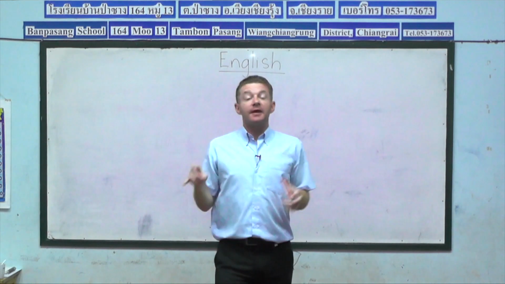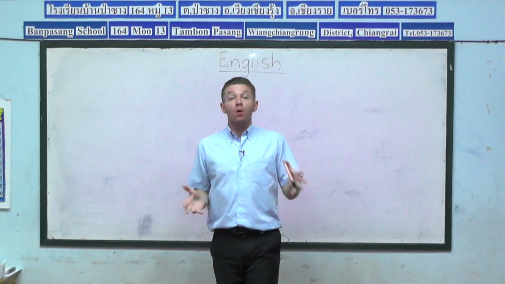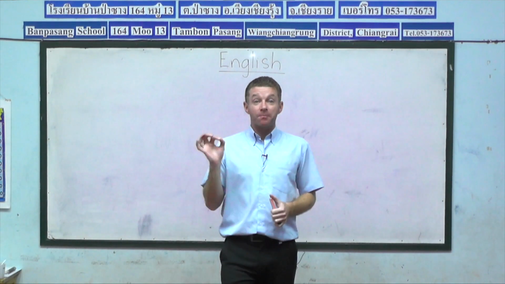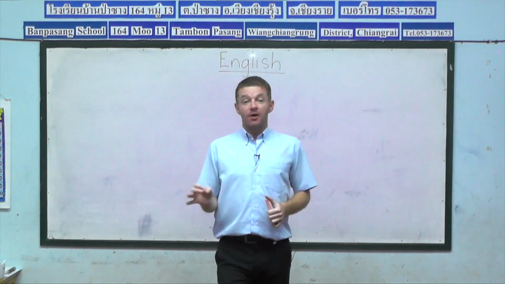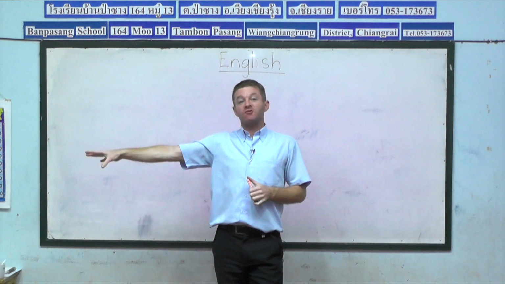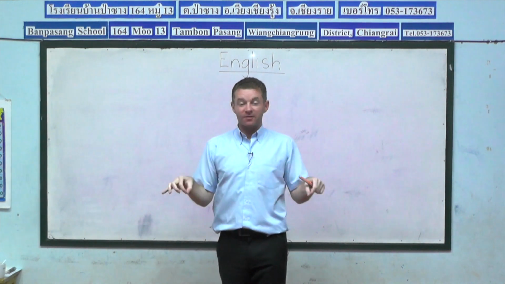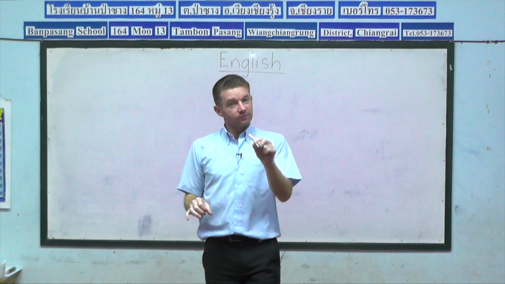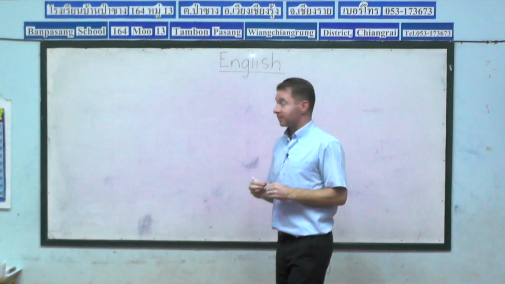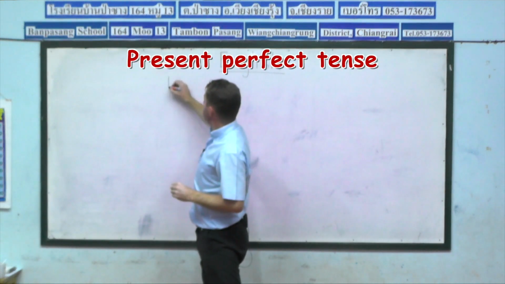So recently in English class, we've been doing a lot of work in the present perfect tense. We've been learning how past actions can be used to describe things that are still relevant in the present. So let's write that phrase on the board first. Present is P-R-E-S-E-N-T.